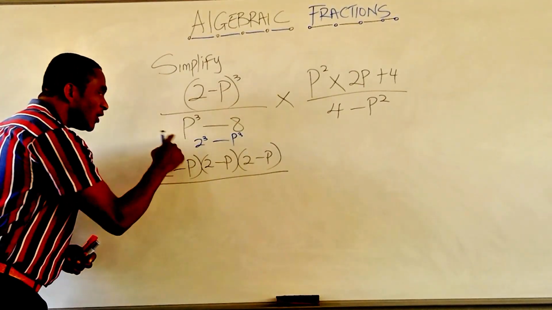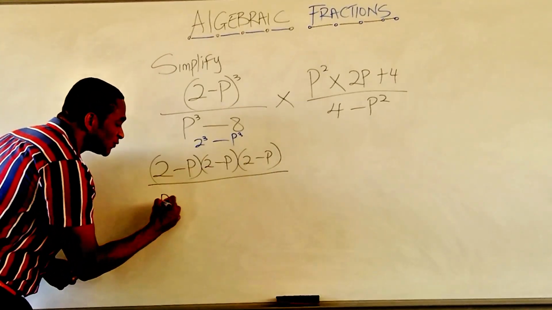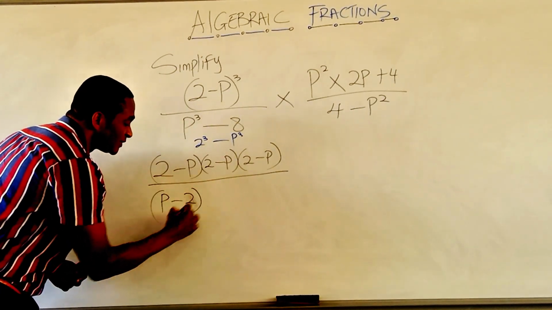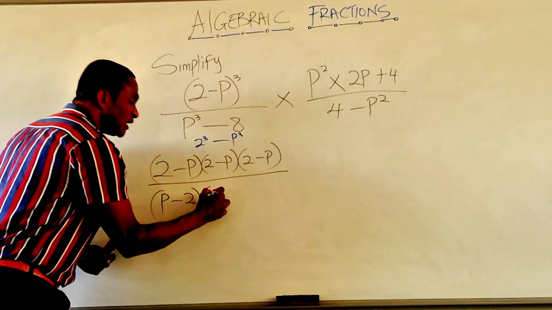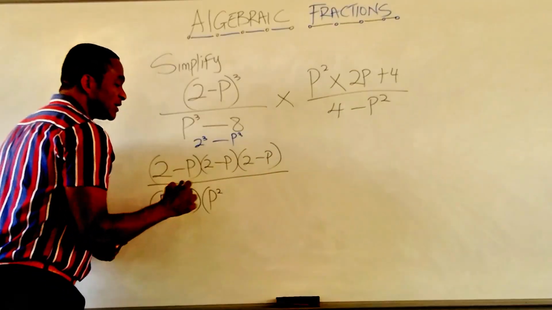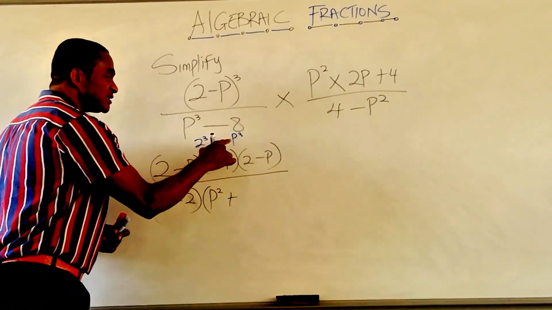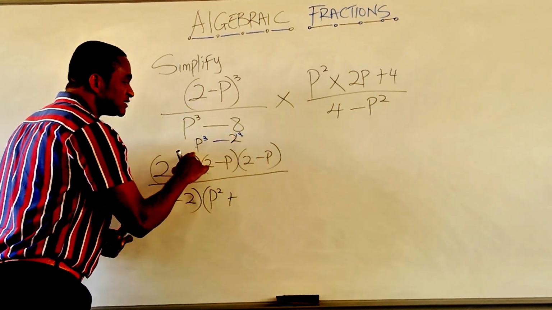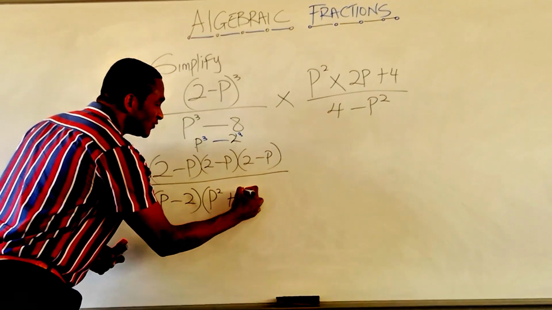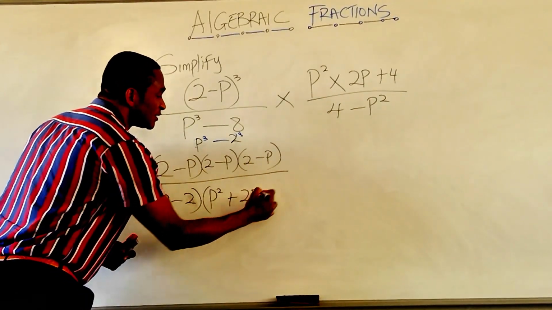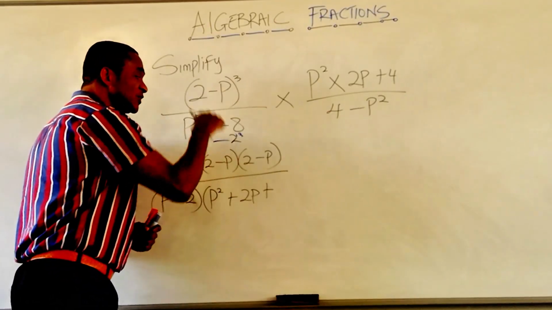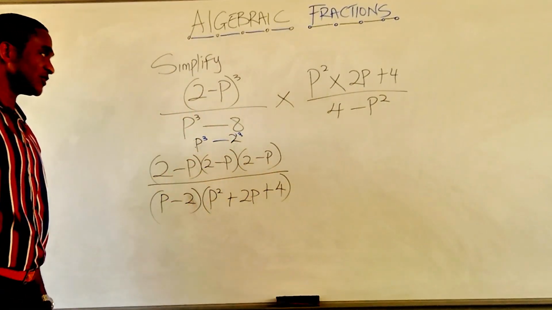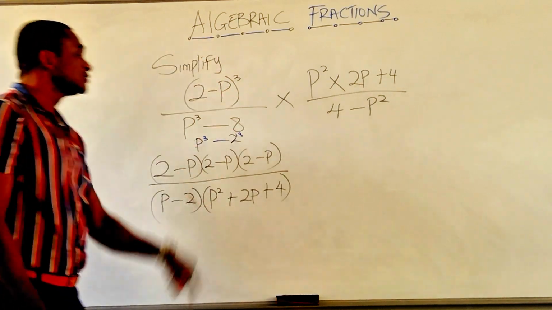When we have that: first minus last, times first squared, which is 2 squared, plus first times last, which is 2 times p, plus last squared, which is p squared. This is 2 squared, which is 4. This is fully factored.